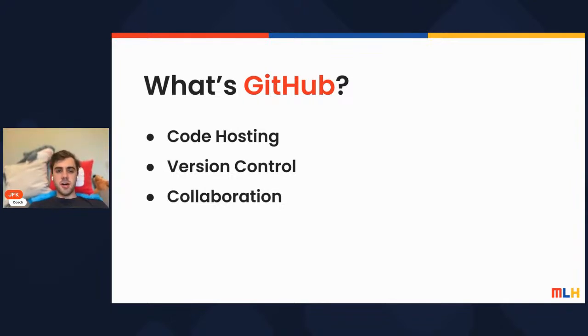What is GitHub? Well, GitHub is a platform that basically everybody in the hacking community will at some point end up using, I'd wager. GitHub is pretty much one of the big industry titans when it comes to code hosting, version control, and collaboration.